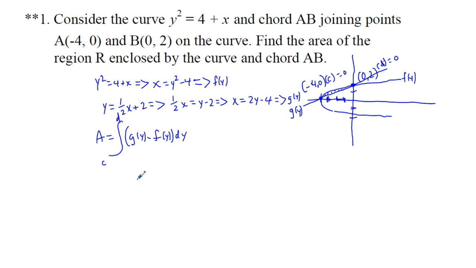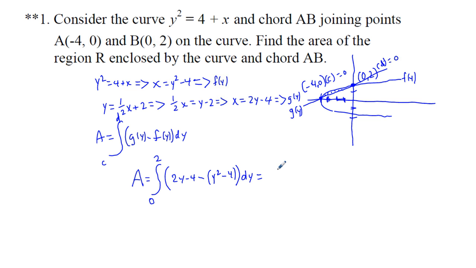Working that out, we have A equals the integral from 0 to 2 of g of y, which is 2y minus 4, minus f of y, which is y squared minus 4, and then we parenthesize this at the end with dy.